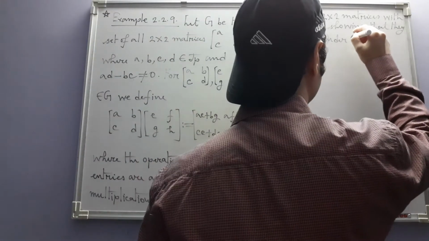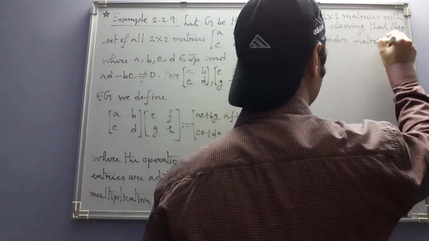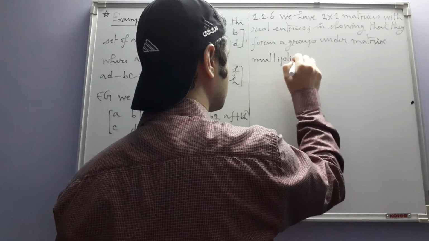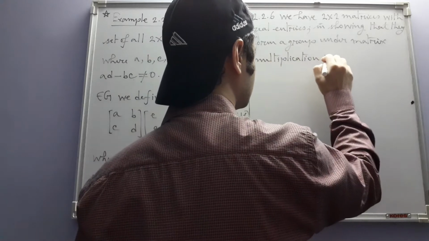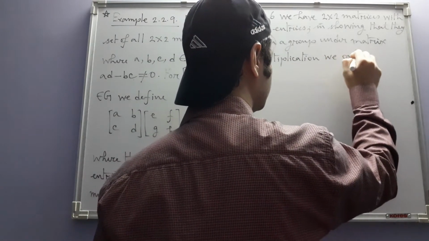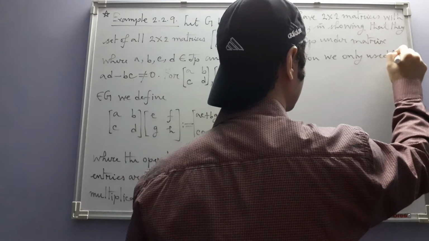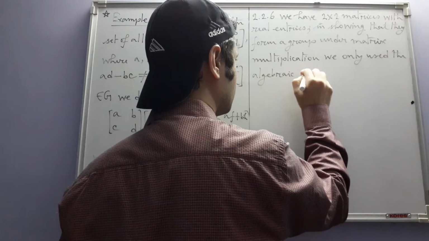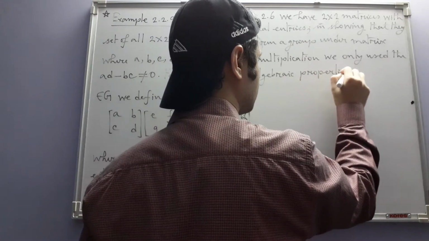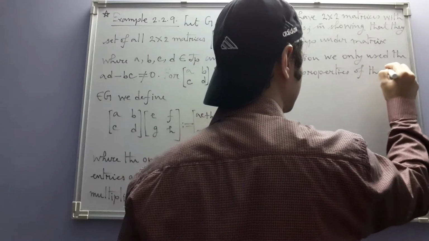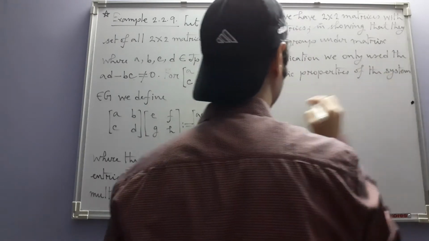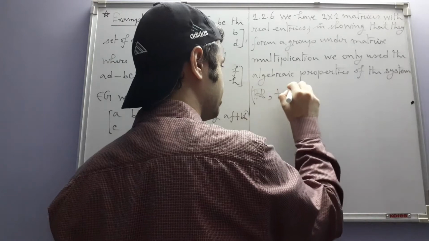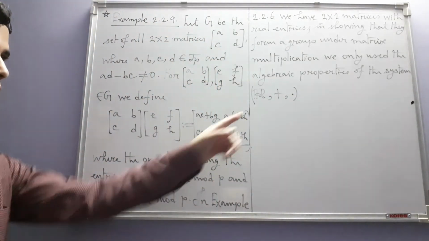Form a group under matrix multiplication, we only used the algebraic properties of the system of real numbers, which has the set of real numbers, addition of real numbers, and multiplication of real numbers.